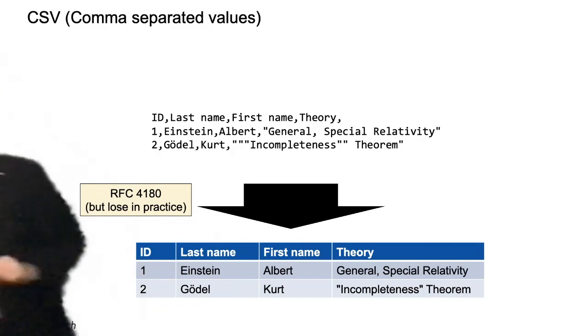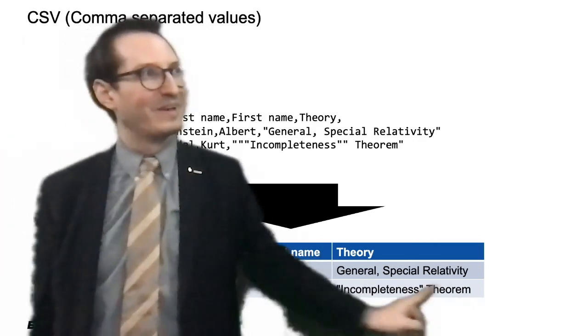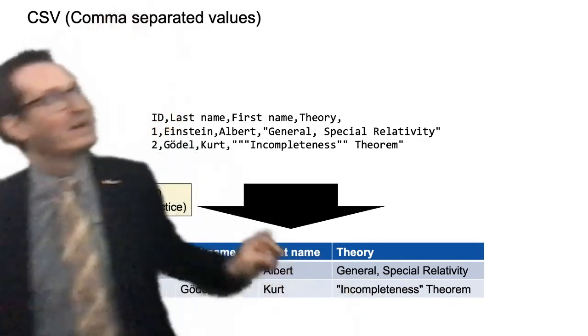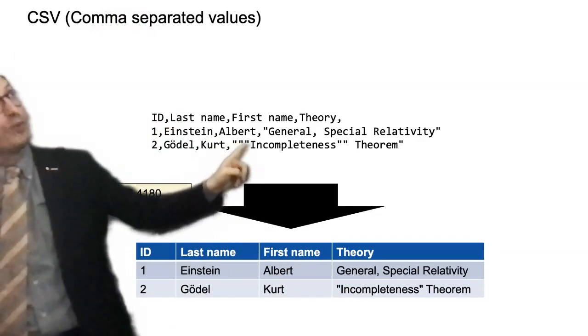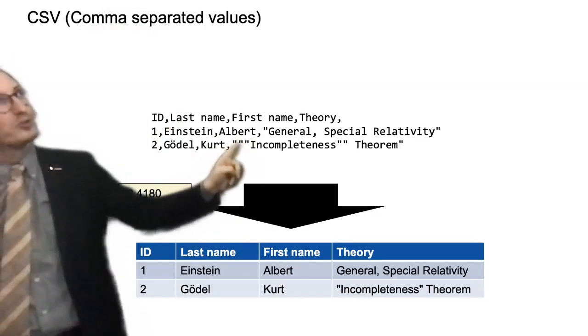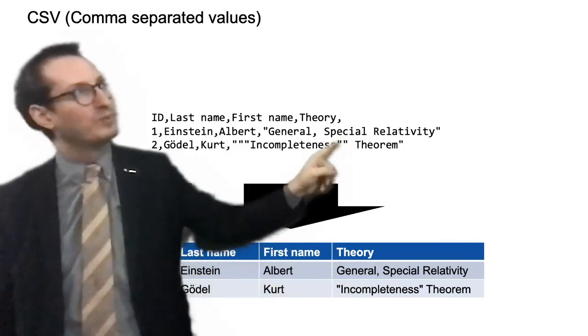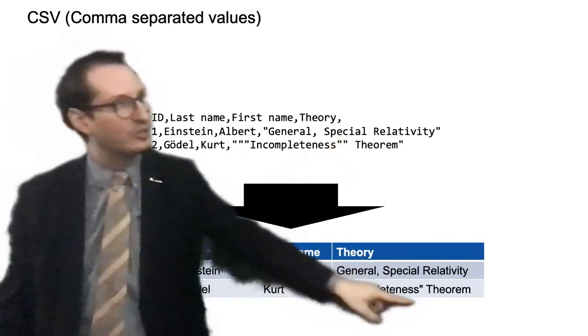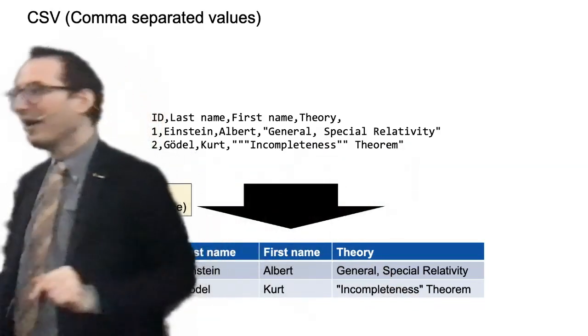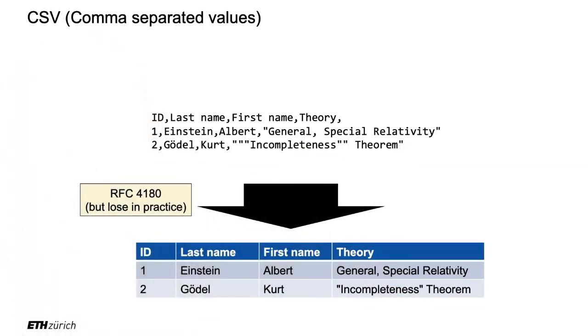But the problem is that now if you want actual quotes in your cell here, then you also have to escape them by doubling them. So here you have a quote that opens the cell, then a double quote for that one, and in "completeness", a double quote to mean this is not the end of the cell, this is really just a quote, then we really close.